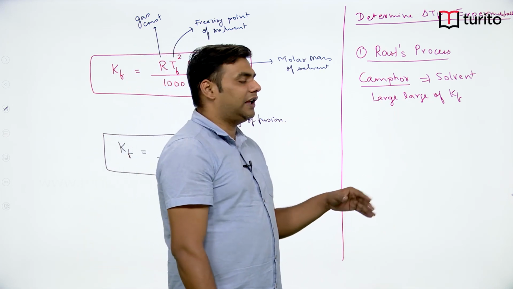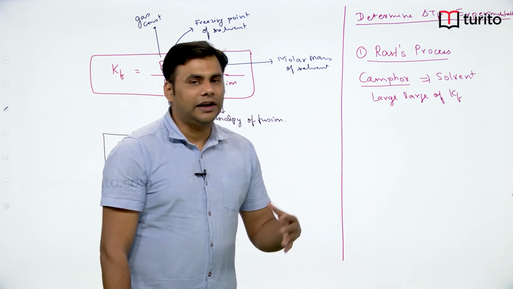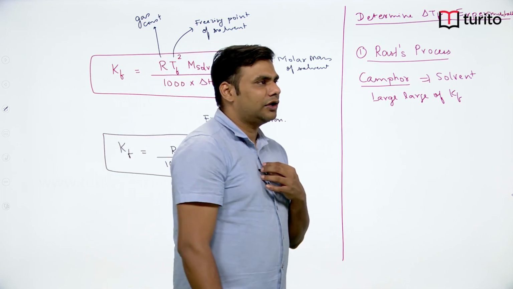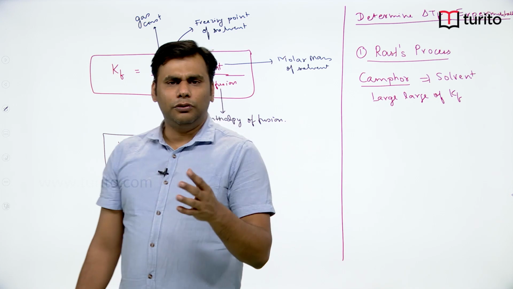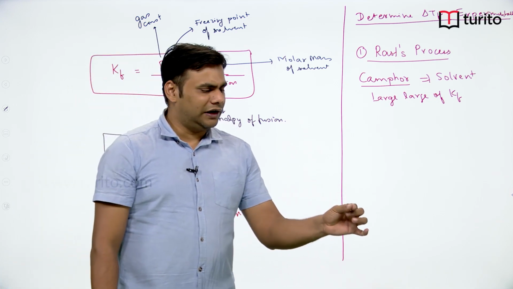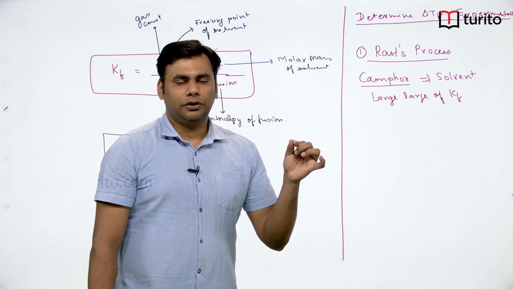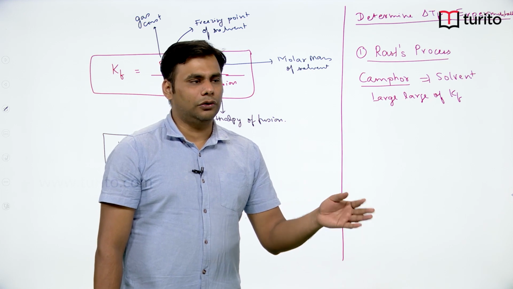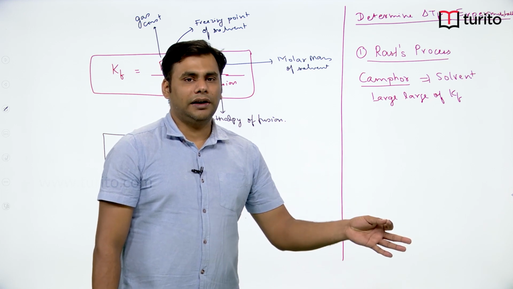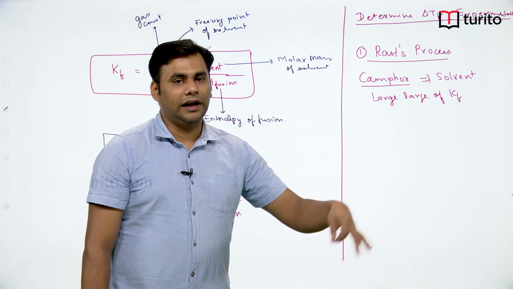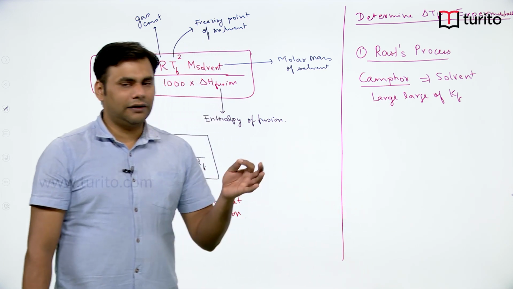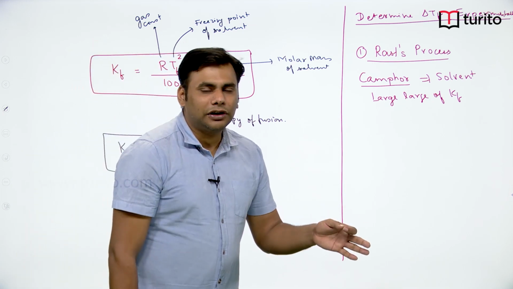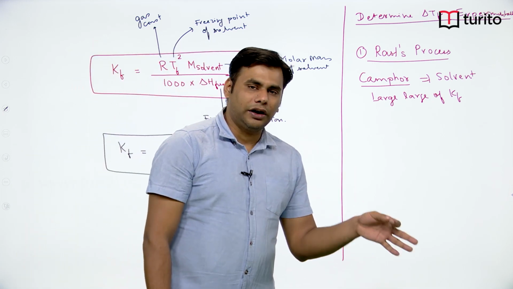In the Rast process we can find the molar mass of any unknown solute. Suppose we want to find the molar mass of an unknown compound. Because we don't know the molar mass, we don't know if the solution we are preparing is highly concentrated or highly dilute. So we'll take a very small amount of it and form a very dilute solution of that particular unknown organic compound.